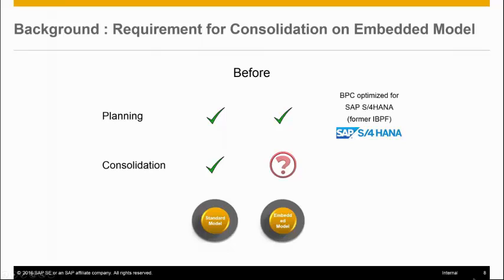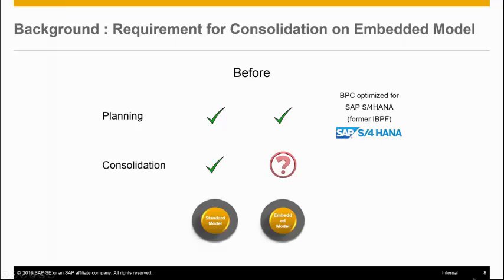And when we achieved BPC optimized for S/4HANA, which is also known as IBPF, Integrated Business Planning for Finance, we recognized that it would be a very important missing part if we could not achieve BPC consolidation on embedded model.